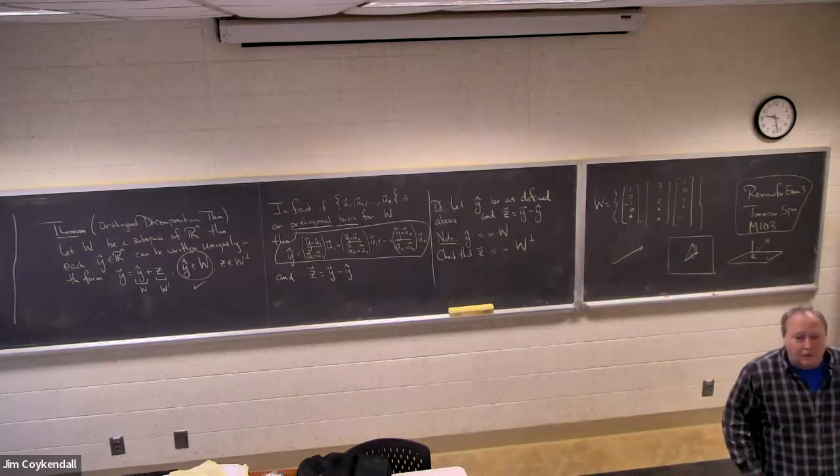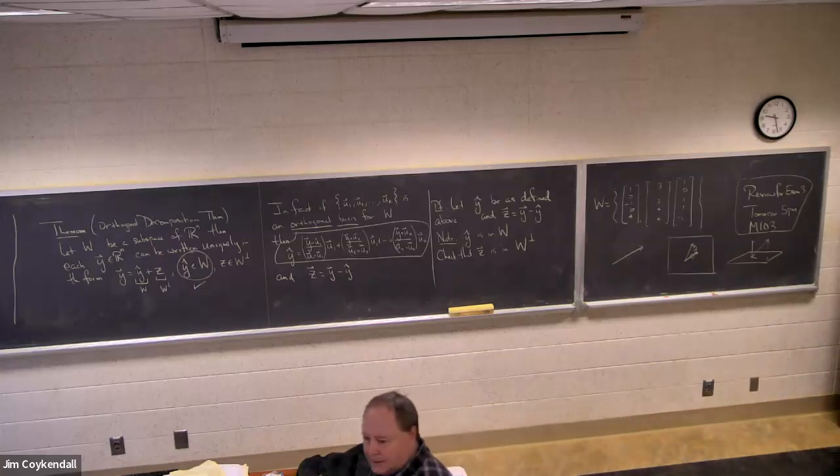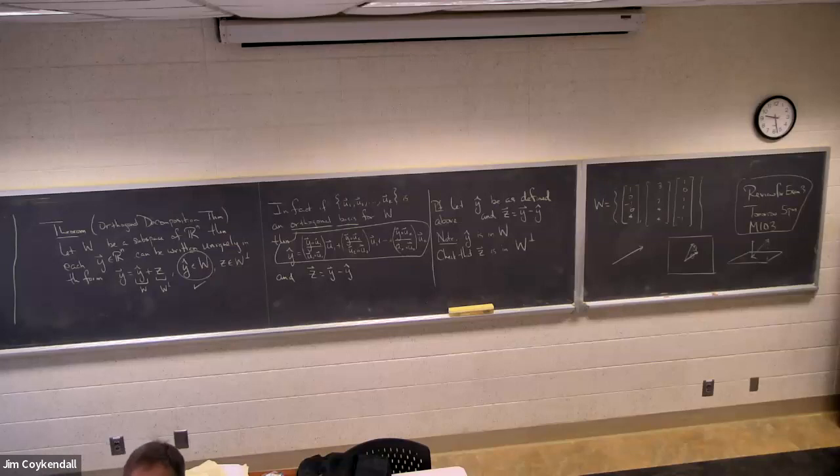What is the meaning in the first place for z to live in W perp? Okay, right. Let me put it in a more simple-minded way. z must sit at a right angle to everything in W, right? So as he says, the dot product with anything in W has to be zero. So all we have to do is show that z is at a right angle to every basis element of W.